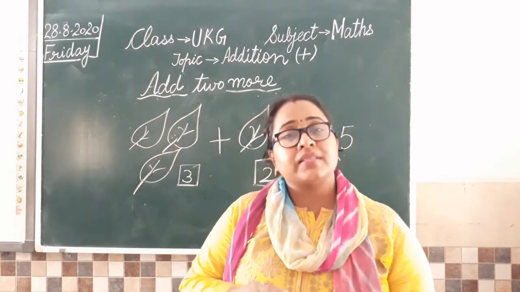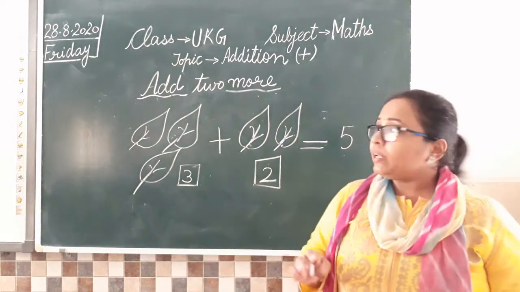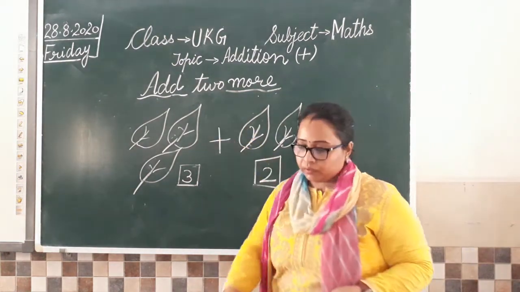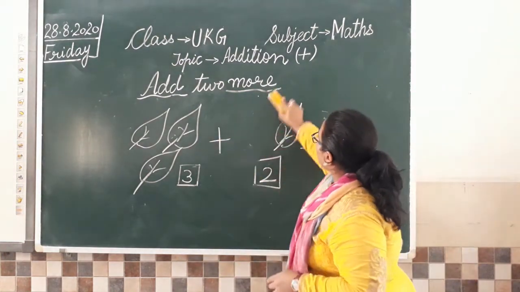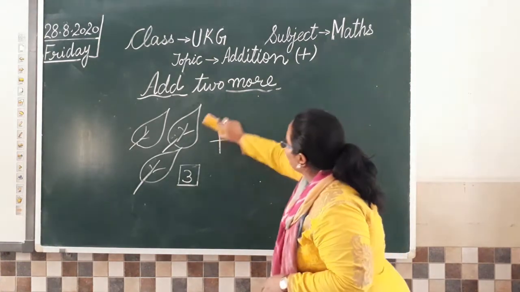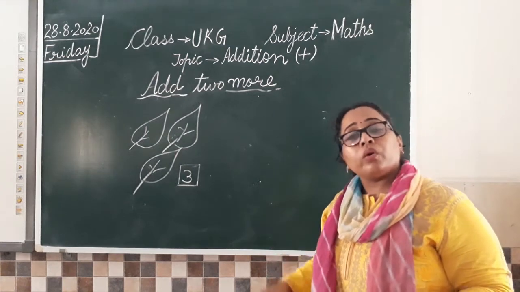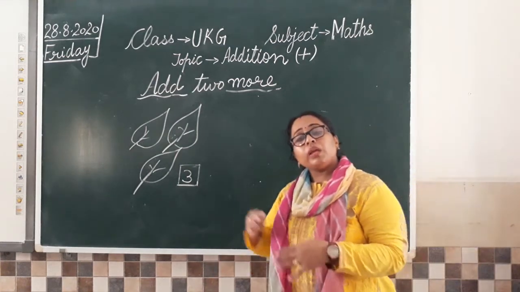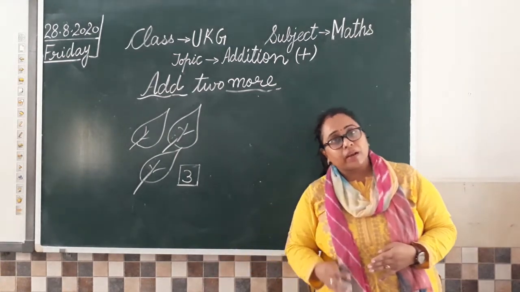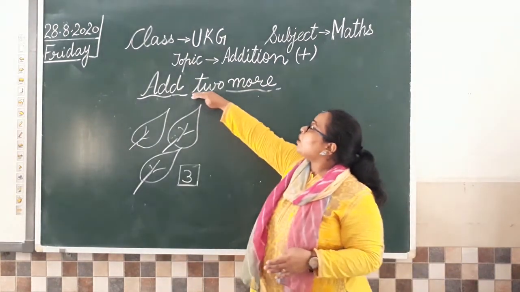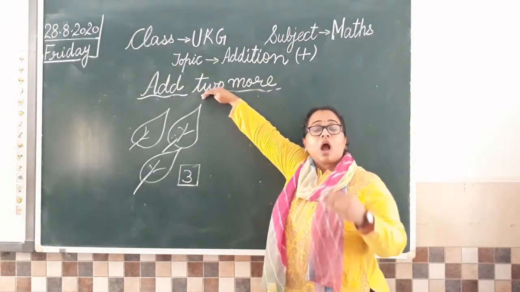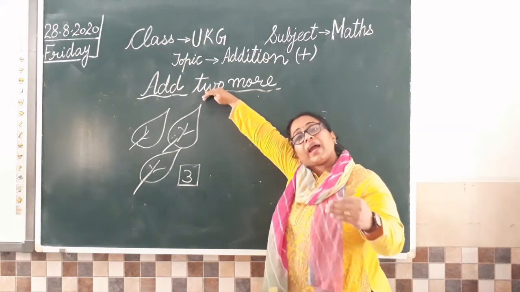Add मतलब प्लस करना. अब आपको मान लीजिए मैम ने सिर्फ एक ग्रुप दे दिया like this. Now if I have given you only one group and I ask you to add 1 more, 2 more, 3 more, तो आपको समझ में आया करना क्या है? You first have to understand कि कितना more, how many more you have to add.